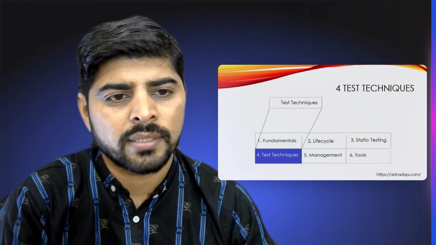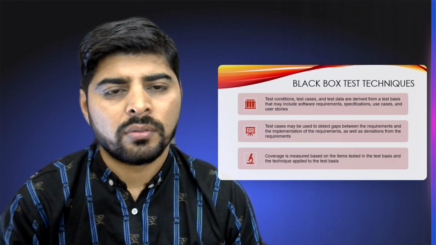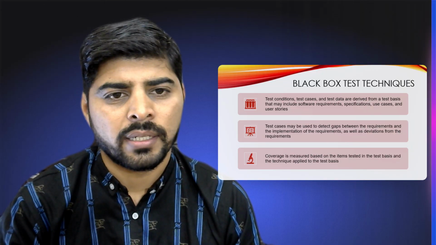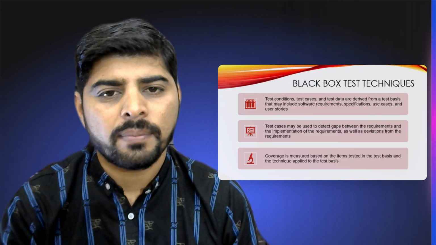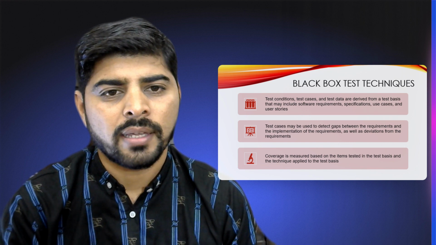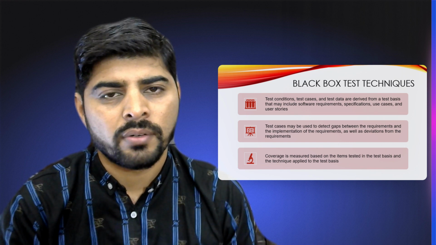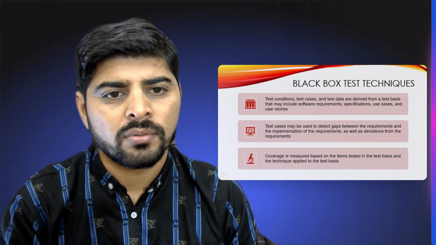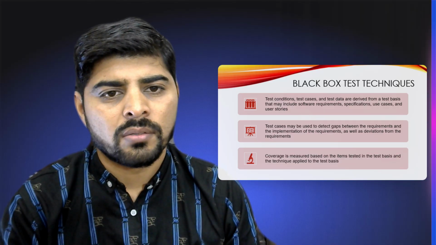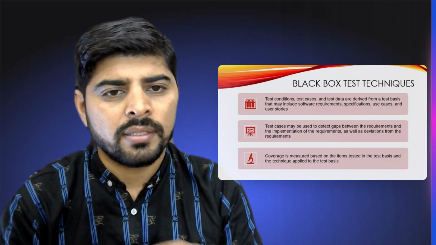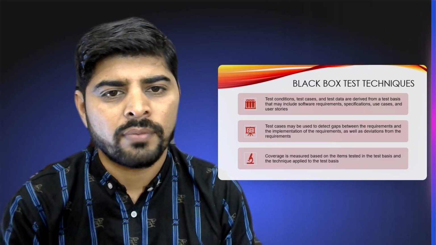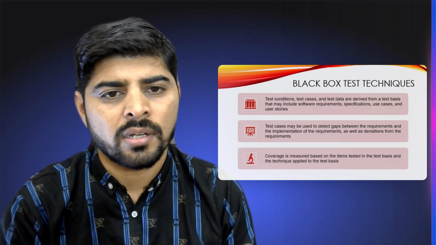Chapter 4 is about test techniques. So the first technique is black box technique. In black box, test conditions, test cases, and test data are derived from test bases that may include the software requirement specification, use cases, and user stories.